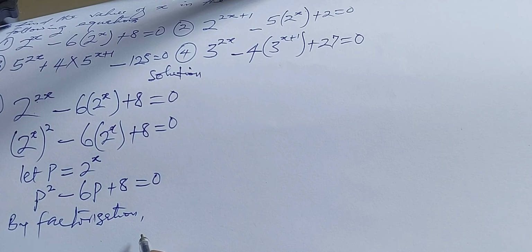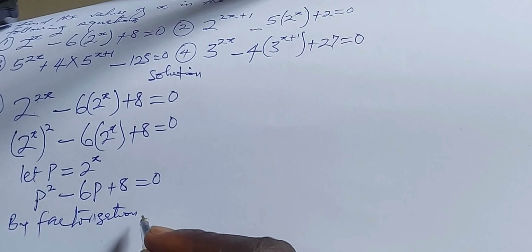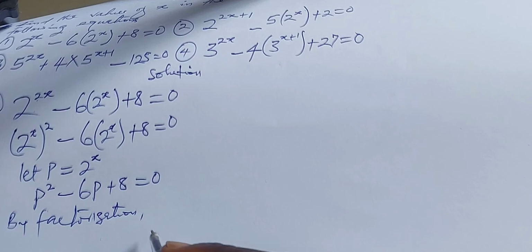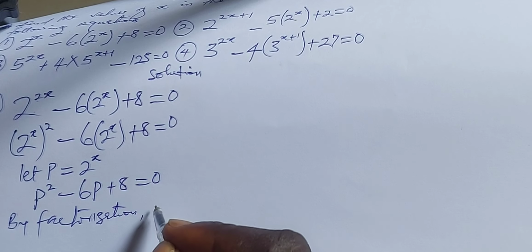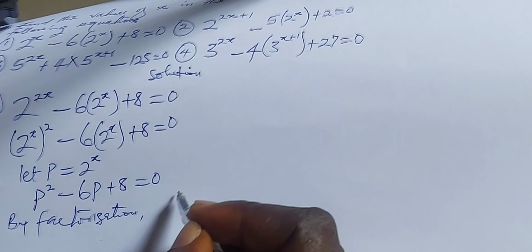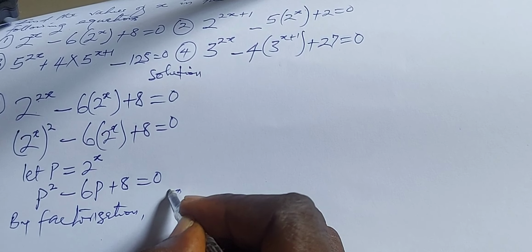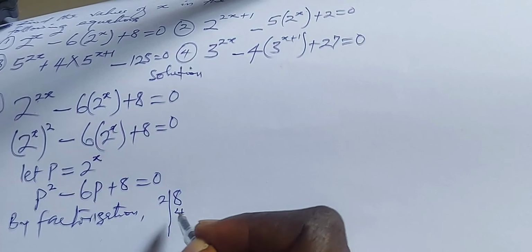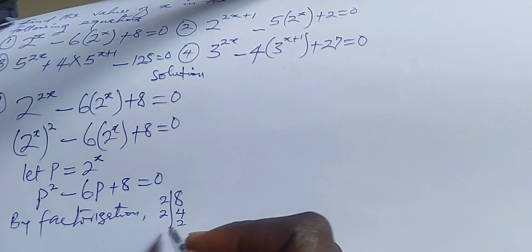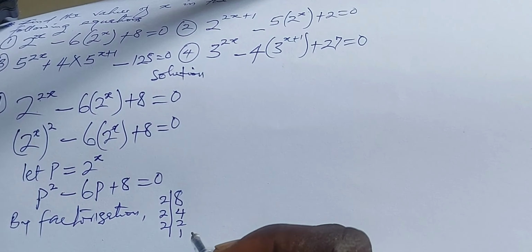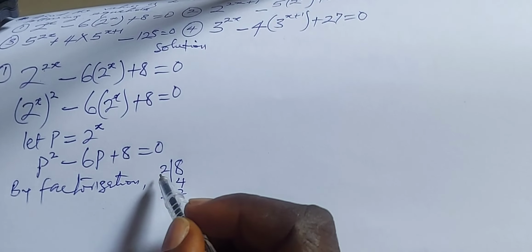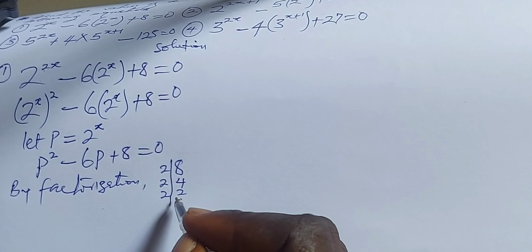So we look for the factors of 8 that multiply to give plus 8, and when you add the 2 factors, you have minus 6p. First of all, you can find the factors of 8 by dividing like this: 2 into 8, we have 4. 2 into 4, 2. 2 into 2, 1. You get it? These are the factors of 8.